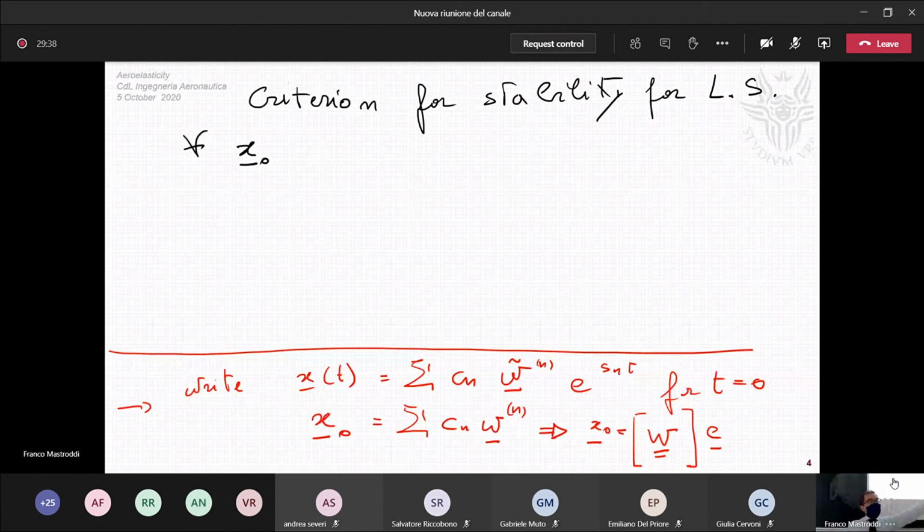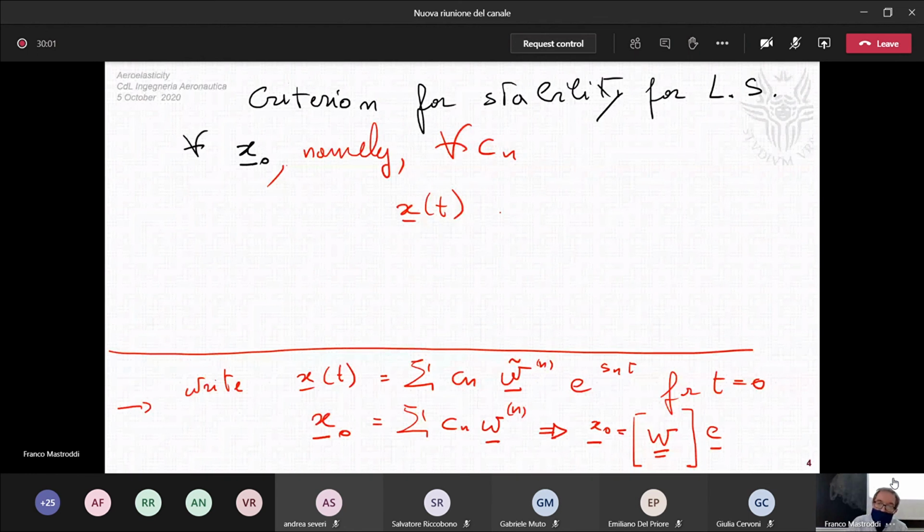Go back to the linear criterion of stability. For any initial condition, namely for any Cn, the free response should be limited in the state space.